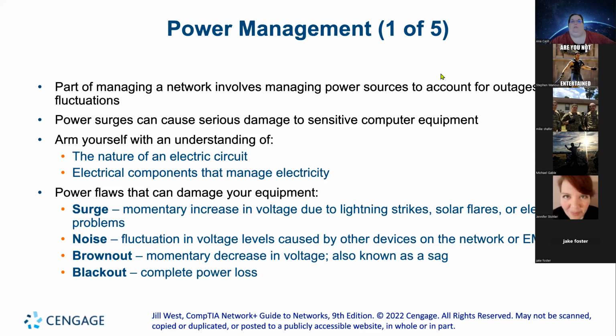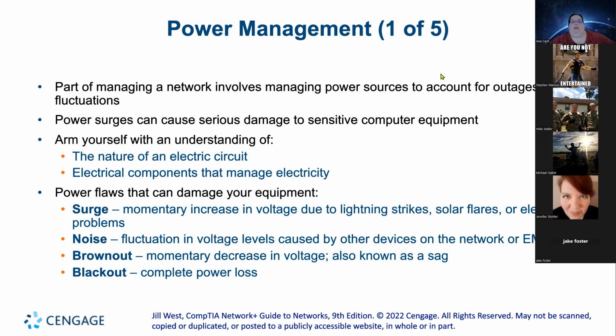Power management. Part of managing networks involves managing power sources to account for outages and fluctuations. Power surges can cause serious damage to sensitive computer equipment. Arm yourself with an understanding of the nature of electrical circuits and electrical components that manage electricity.